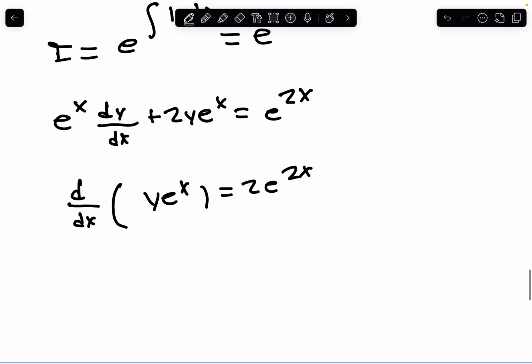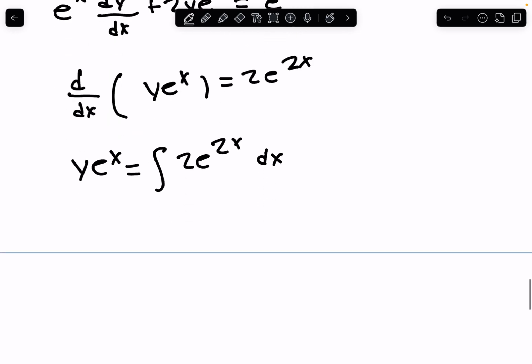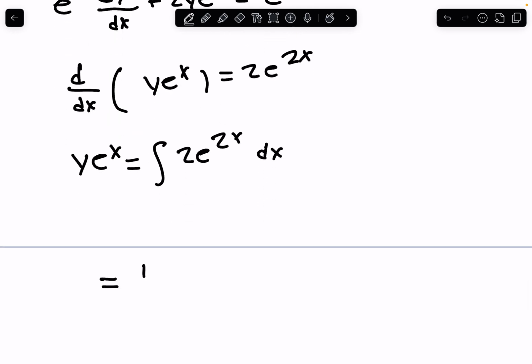Since we've differentiated here, you can write it as y e to the x equals the integral of 2e to the 2x dx. And it becomes equal to e to the 2x.